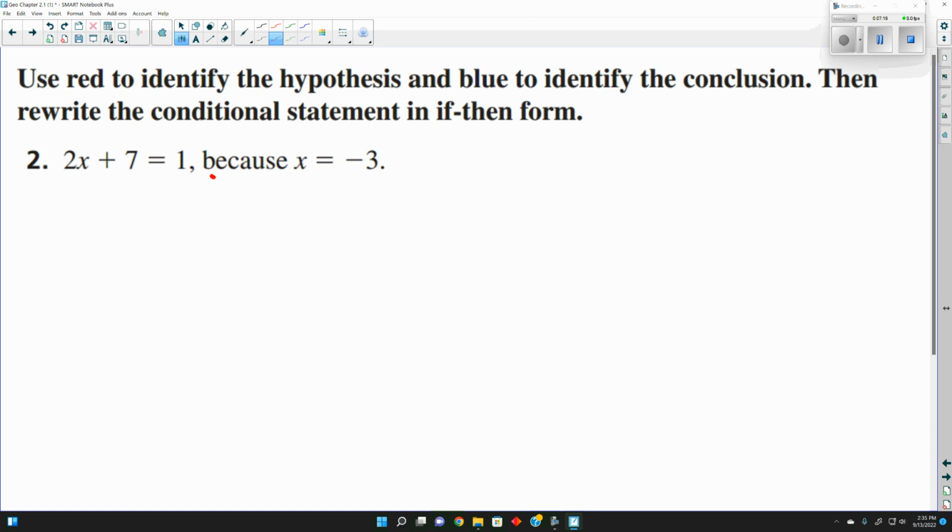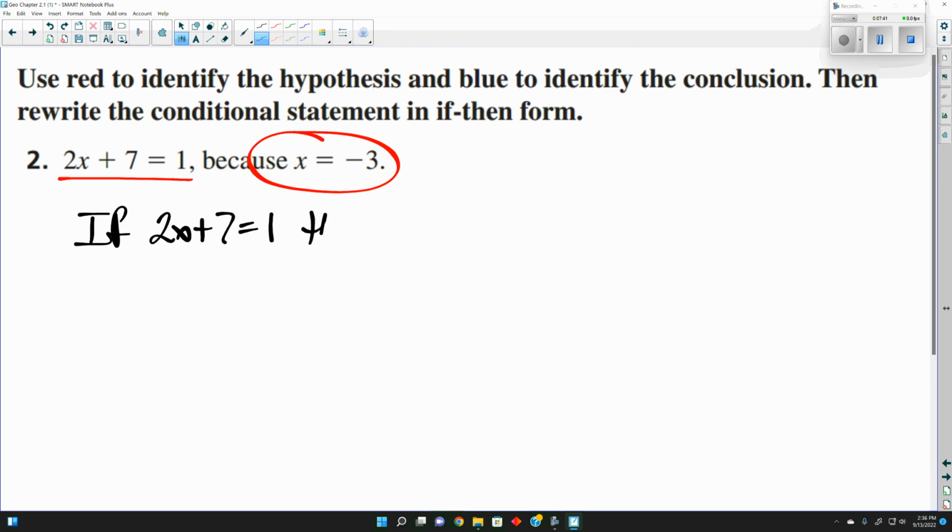If x is equal to -3, then 2x plus 7... So if 2x plus 7 equals 1, then x equals negative 3. If this is true, then this is true. If this is true, then this follows. If 2x plus 7 equals 1, then x is equal to negative 3.